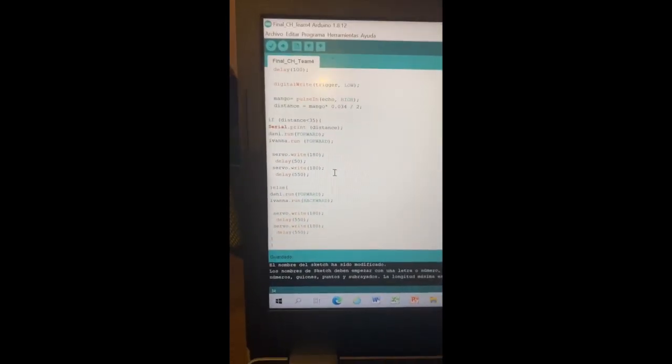And in the servo, we think we got it right, but there was a problem because our servo motor wasn't turning. But we also decided to include it in the code because if our servo was working, it would help us not hit objects at all because the sensor would be constantly moving. But unfortunately, we couldn't make our servo motor move.